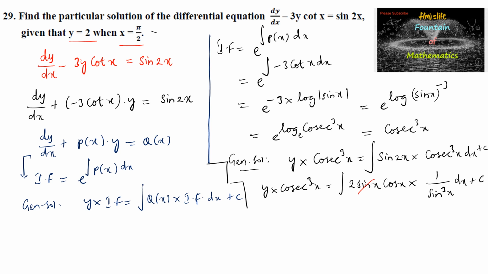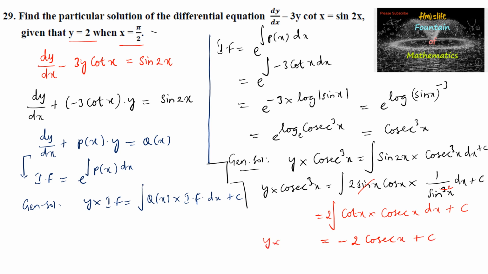We can cancel sin x here and it becomes square. So we can write 2 times cos upon sin, which is cot x, into 1 upon sin, which is cosecant x. We know that the integration of cosecant x into cot x is minus cosecant x. So we can write minus 2 times cosecant x plus c.